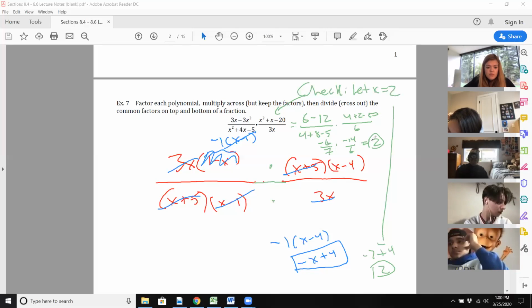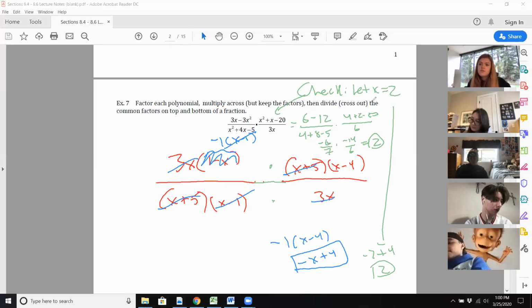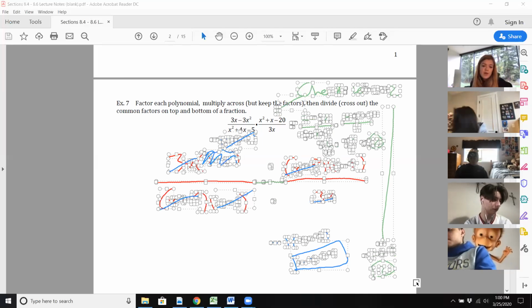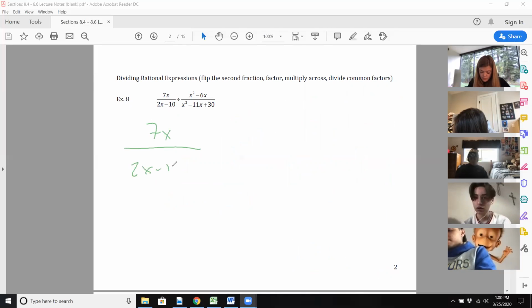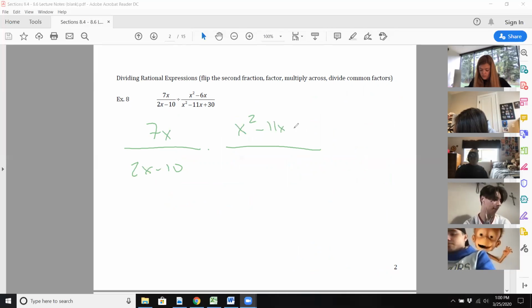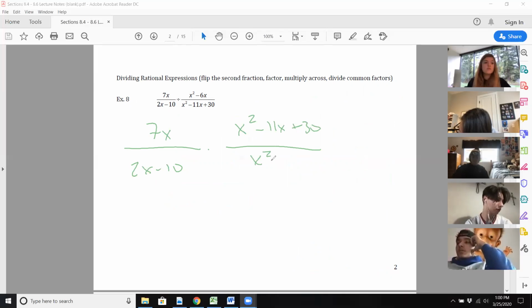Let's do one more example, just because I want to make sure I got to the same place as with part B. Any questions so far on this? No? Okay. Last one, it's similar but a little bit different. You have division, so make sure you flip the second fraction. Then factor stuff out.